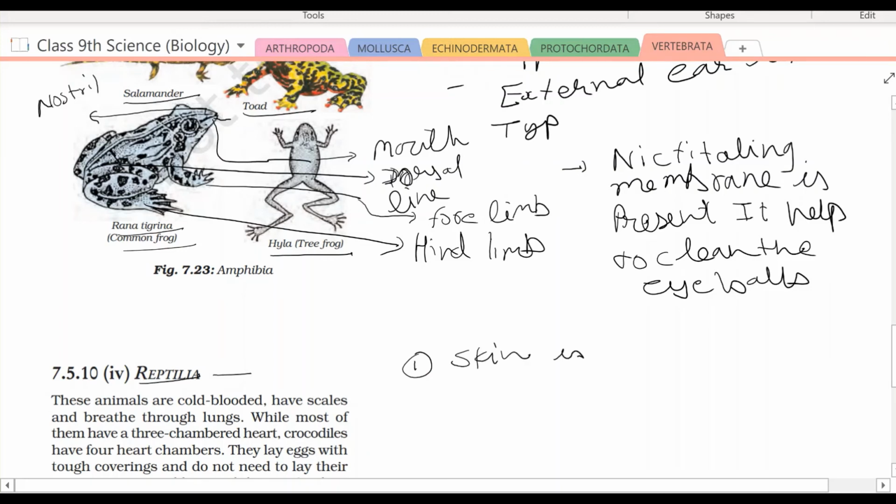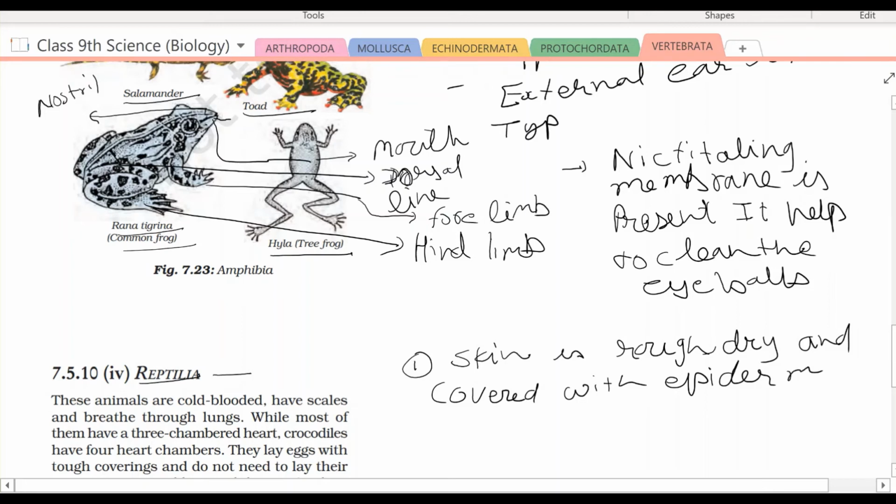Skin is rough, dry and covered with epidermal scales.